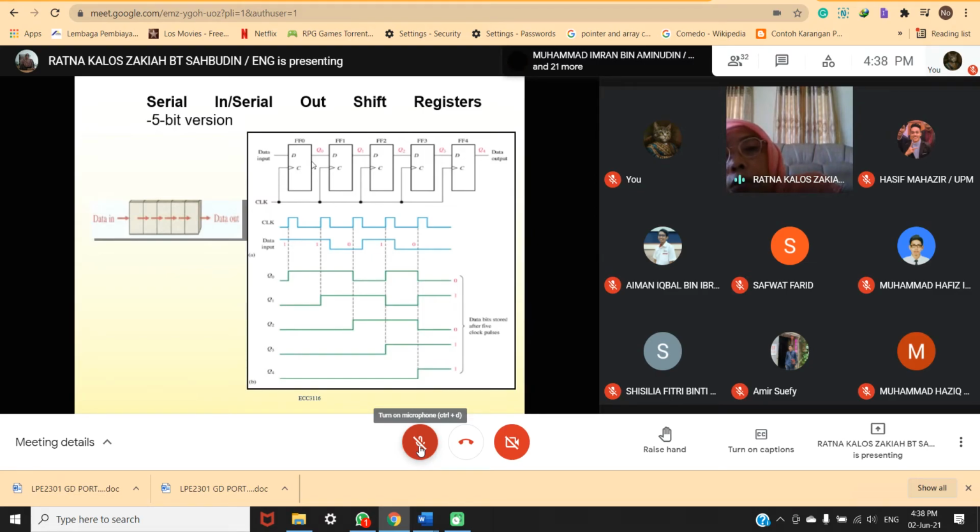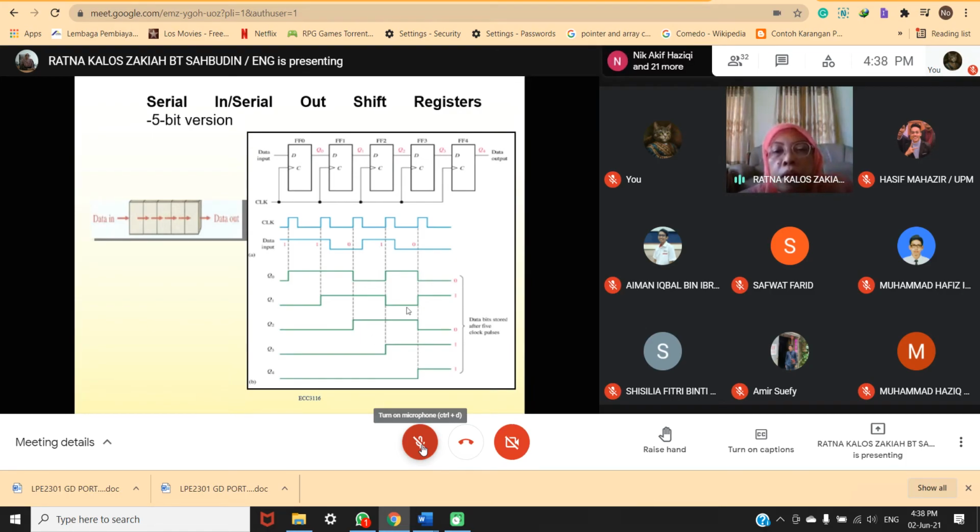Q follows D. So here is high, so it becomes high until the next clock here. Now this is low, low until the next clock here. This is high, so you have high, and then this point is low. That is for Q0.